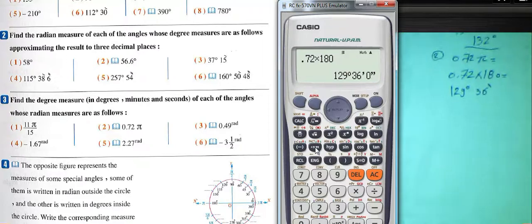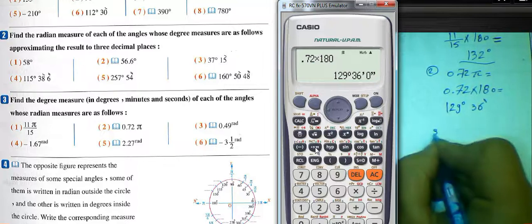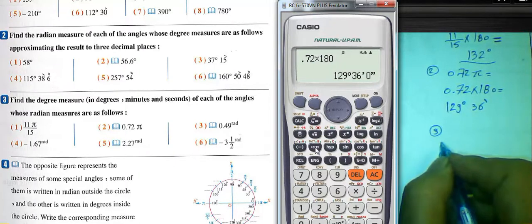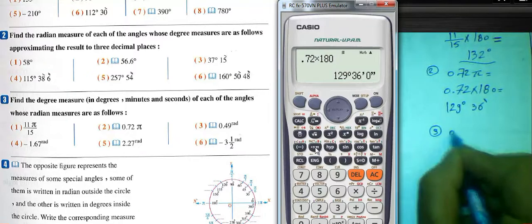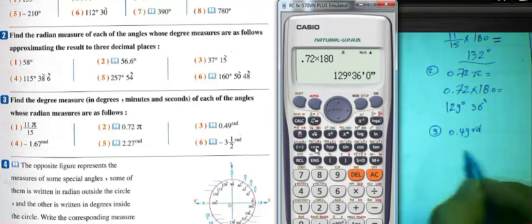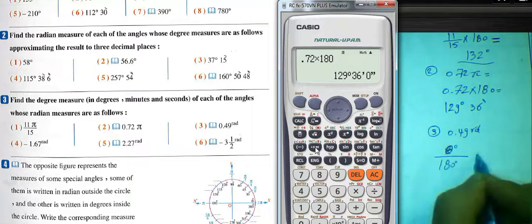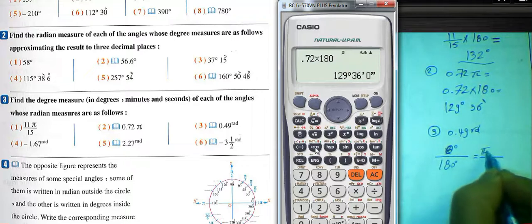Question number 3, 0.49 radian. How can we solve it? We have a relation: theta degree over 180 degrees equals theta radian over pi.